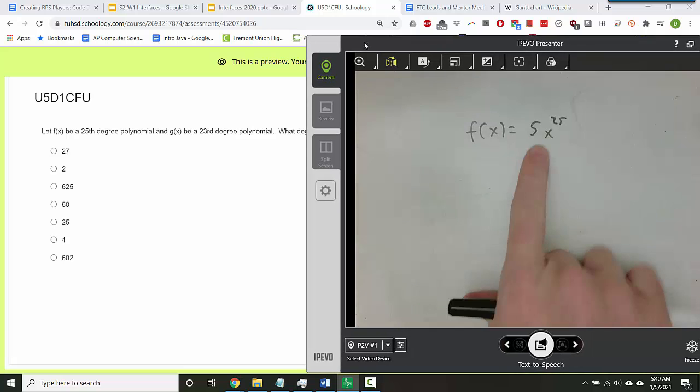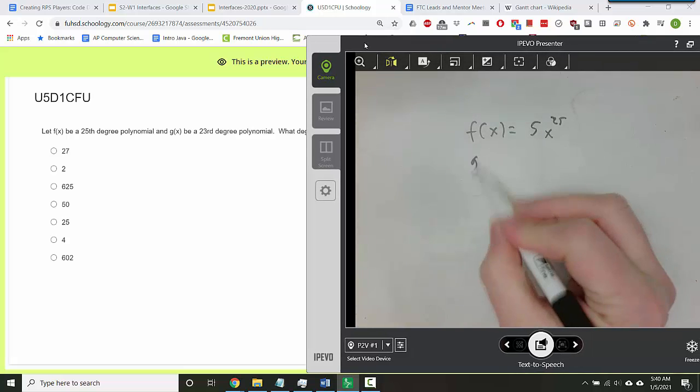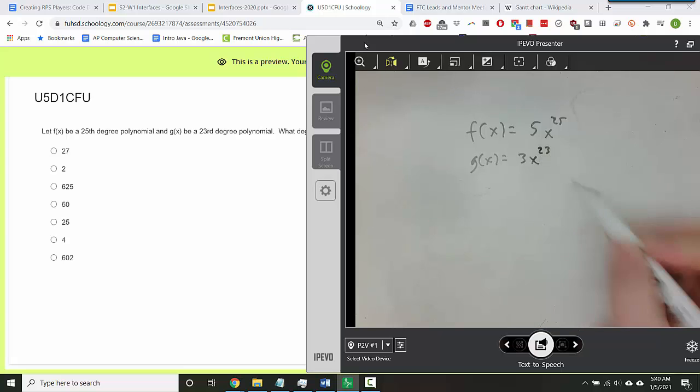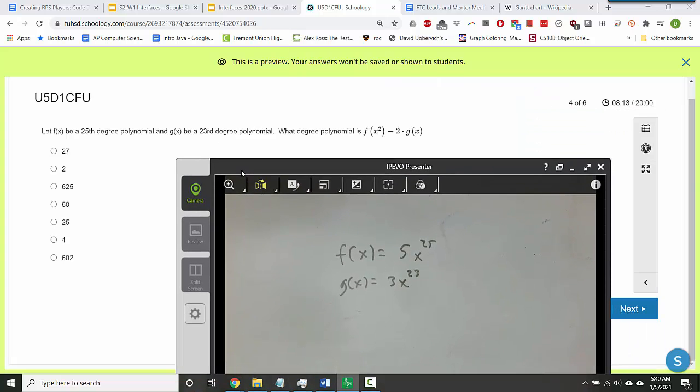So here's a 25th degree polynomial. Here's a 23rd degree polynomial. Now it wants to know what is f of x squared minus 2 times g of x. Okay, so let's just substitute.